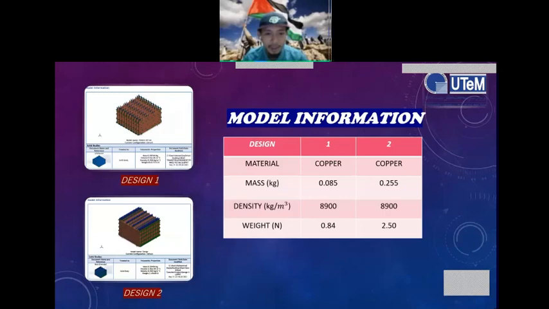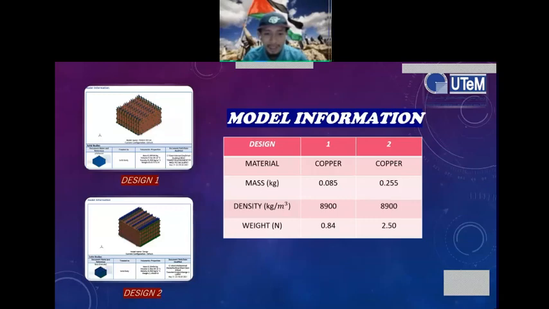And then we use copper as the material for the first and second design. The mass of design 1 is 0.085 kilogram, and the mass of design 2 is 0.255 kilogram.